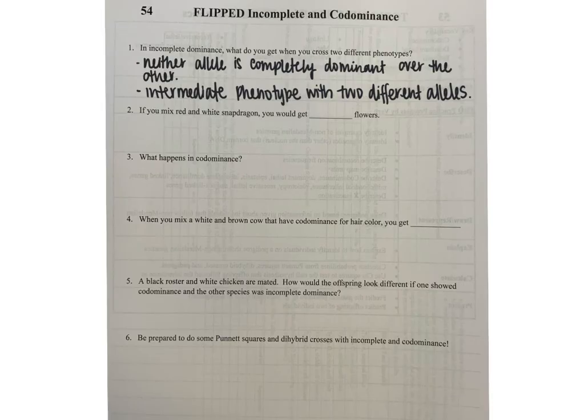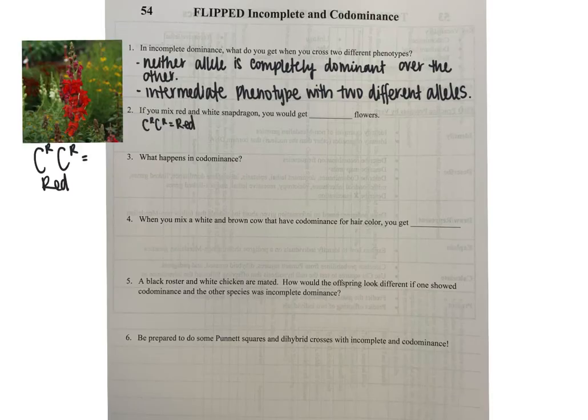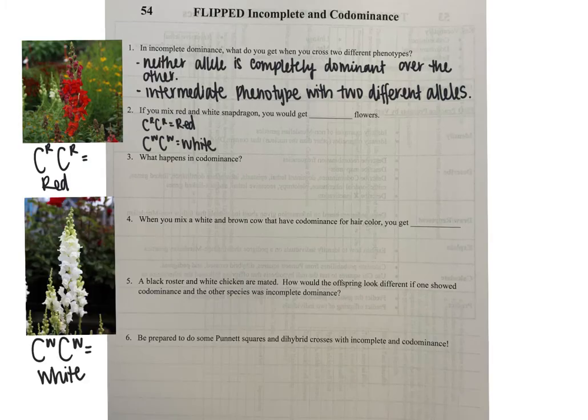So a snapdragon with two red alleles would produce the red phenotype. A snapdragon that has two white alleles would produce a flower with the white phenotype. Now, what's interesting is if you have a snapdragon that has one allele for red and one allele for white.